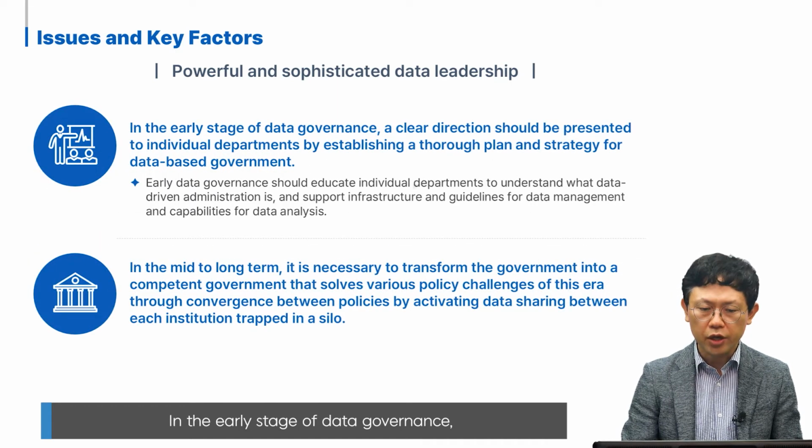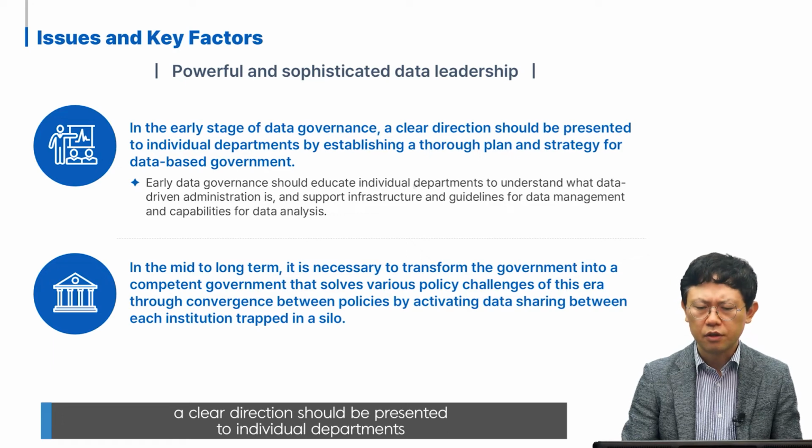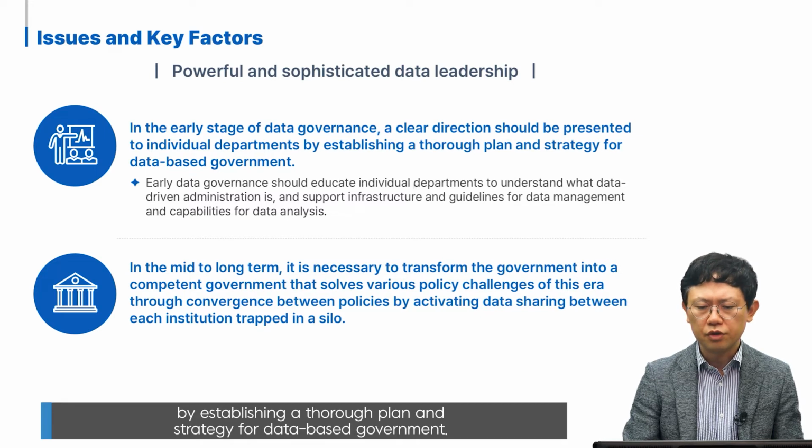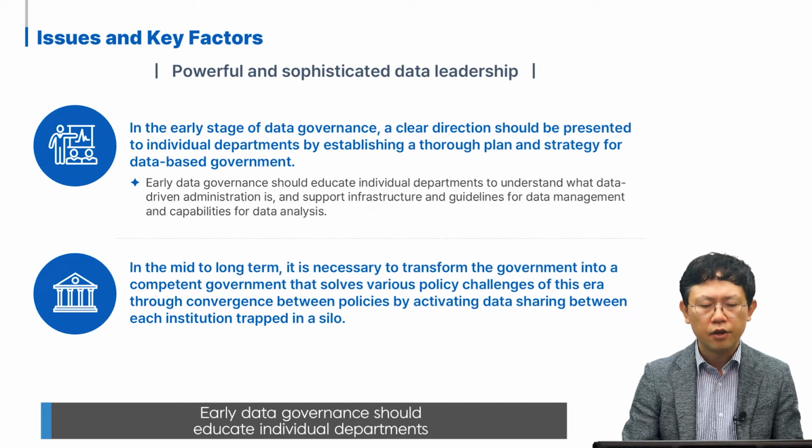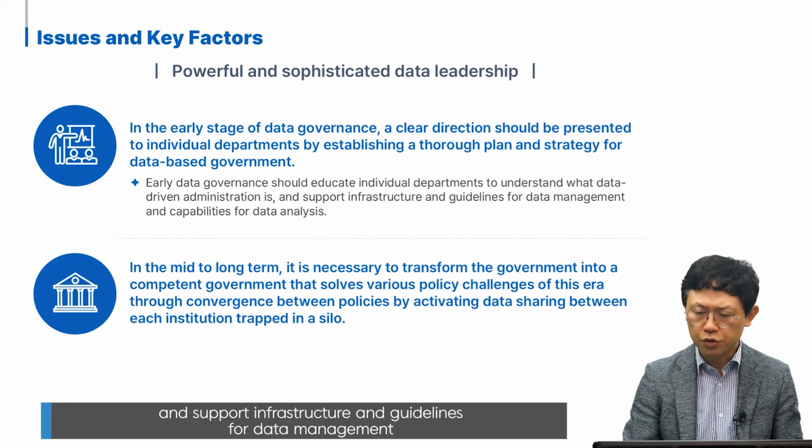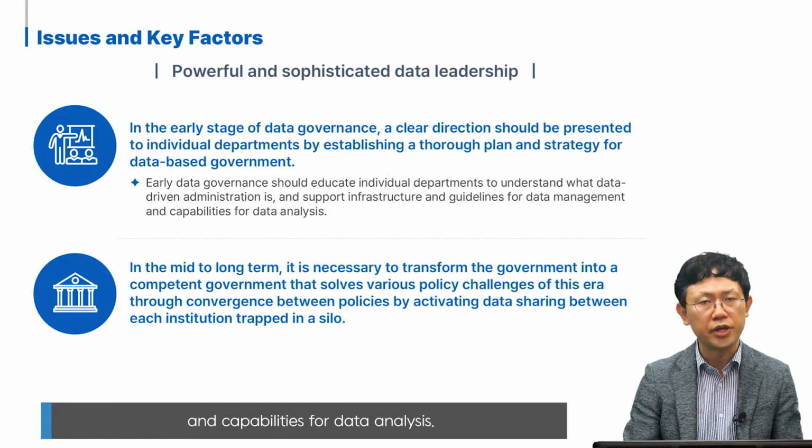In the early stage of data governance, a clear direction should be presented to individual departments by establishing a thorough plan and strategy for data-based government. Early data governance should educate individual departments to understand what data-driven administration is and support infrastructure and guidelines for data management and capabilities for data analysis.